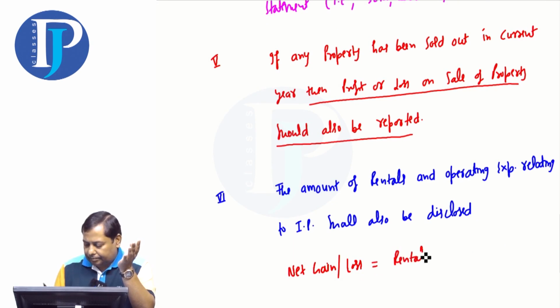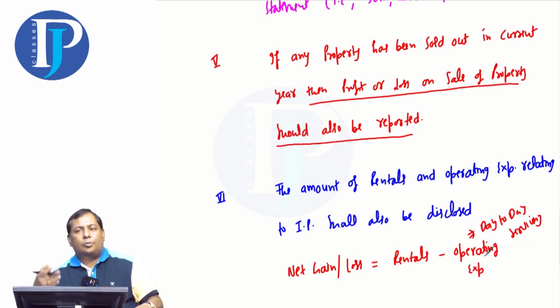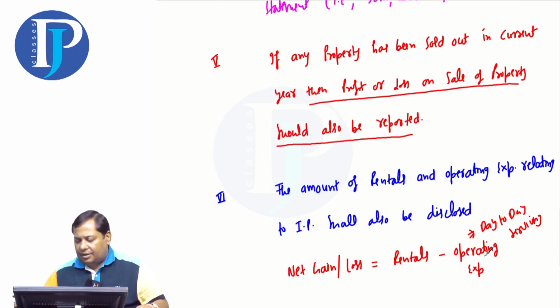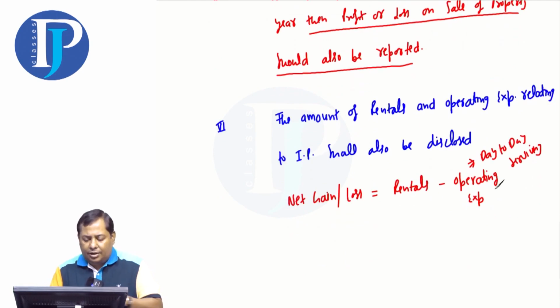Rentals minus operating expenses, these are the same as day-to-day services. So if you have done any repairs or paid any property tax and also paid servants or maids, we'll know the rent we received from the property and the expenses. You have to prepare this detailed working.